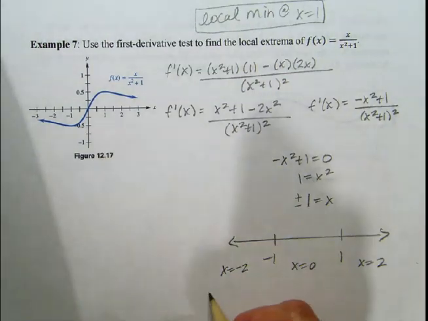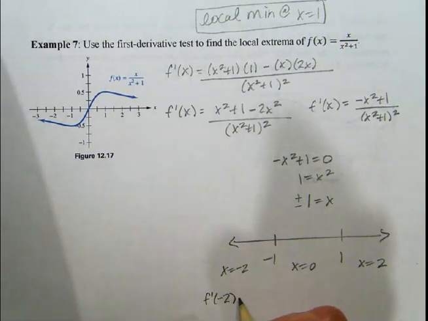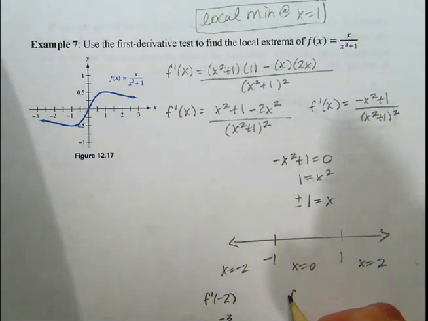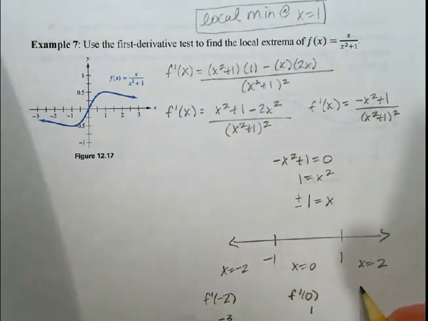So if I plug in -2, that gives me -3 over 25. If I plug in 0, that gives me 1. If I plug in 2, I get -3 over 25. So notice it's a negative to a positive to a negative. So negative slope to a positive slope to a negative slope.